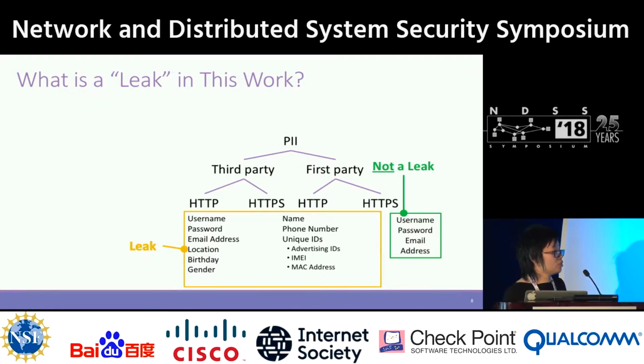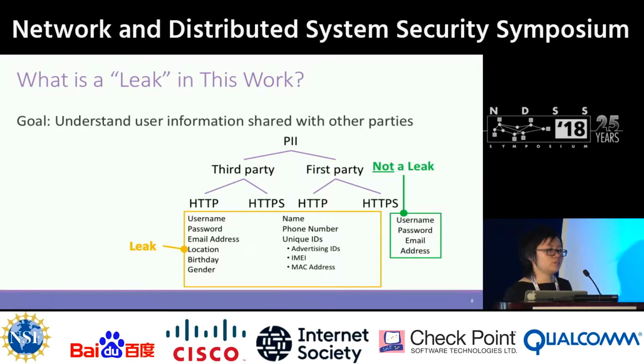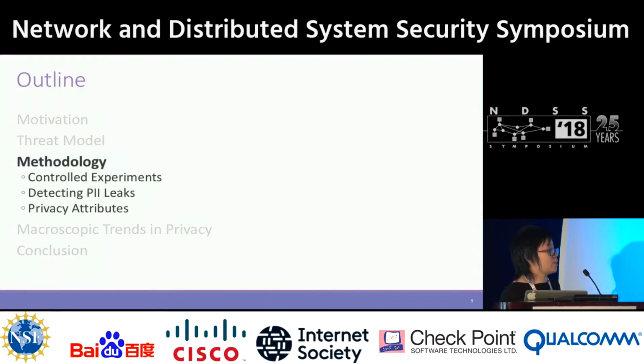So this definition may be a little expansive, but what I'm doing here is really to increase the transparency of information sharing by different mobile devices. So users can make a judgment of their own whether the behavior is suspicious. By this definition, a leak may or may not be a violation or intentional.